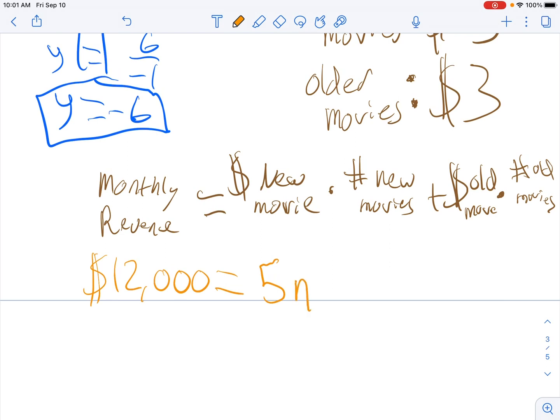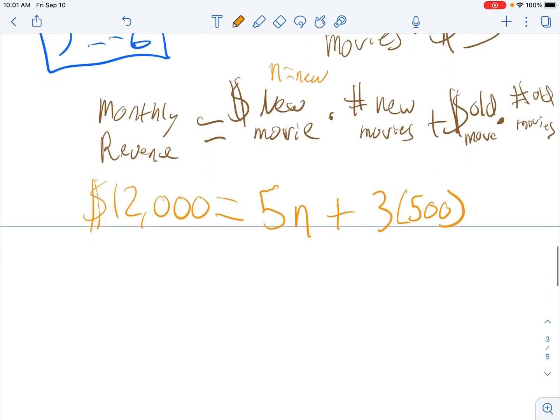I don't know how many new movies, but I know the price of a new movie is 5. I'm going to use N for new. Okay, N equals new. So I'm going to do 5 times N plus the price of an old movie is $3, but I know that I rented 500 old movies.